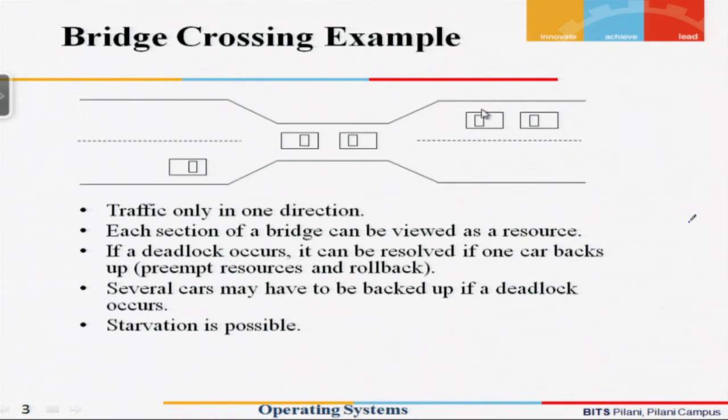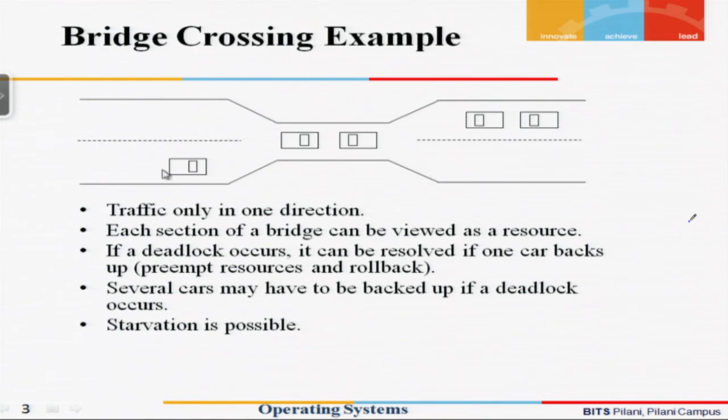So now this goes back, and it may just happen that every time such a condition occurs, only the vehicle on this side of the bridge is asked to go back. As a consequence, it may happen that these vehicles which are standing here will never get a chance to cross the bridge.